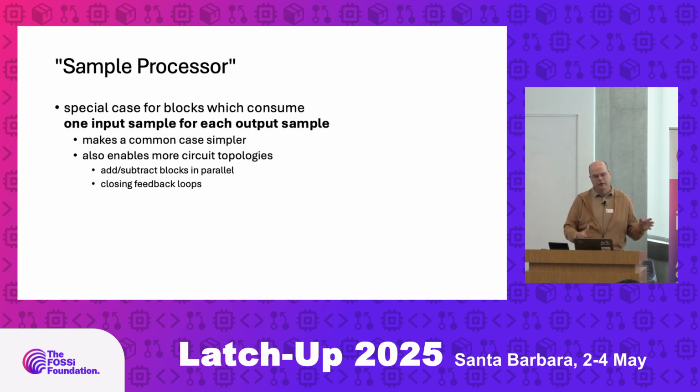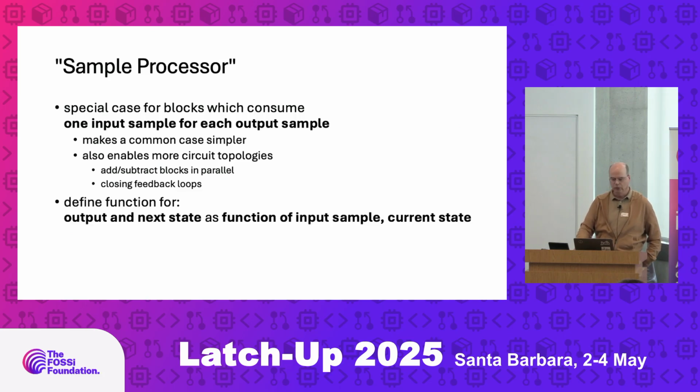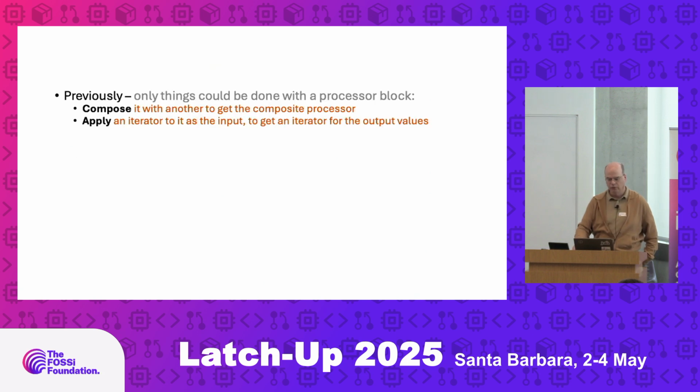So in the past, the way I presented at ORConf, you've got a bunch of processors in sequence, so you can compose them. But you couldn't do things like fan out or have feedback loops, because there's all sorts of weird corner cases to do with sample rates and things, which just disappear if you guarantee one output for every input. So it just makes everything easier to define and more flexible.